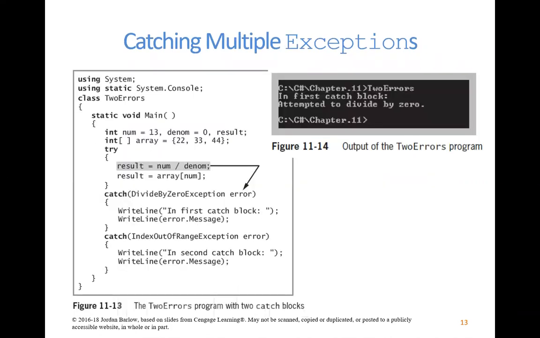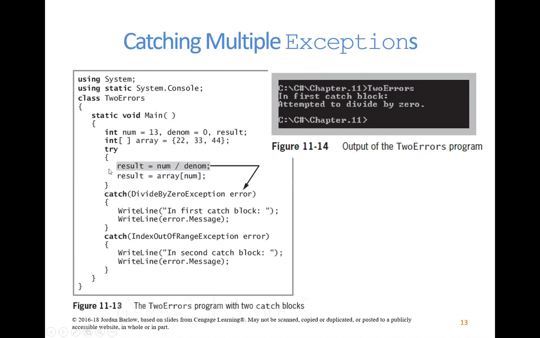Okay, so here in the example from the textbook, there are two different things that could go wrong in this try statement. One thing that could go wrong is the user could divide by 0. Another thing that could go wrong is that you have a number that's more than the number of elements in the array, just like the error that we handled in our example.